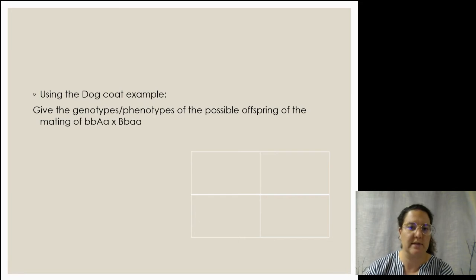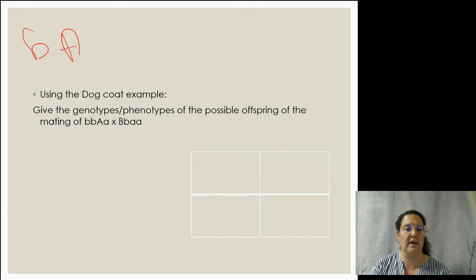So we're going to look quickly at the dog coat example, given the possible genotypes and phenotypes of the possible dog offspring. The first dog can have the gametes BA or Ba. And the next dog could have dominant for black and then no pigment, and brown and again no pigment.